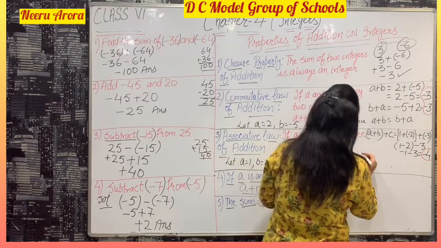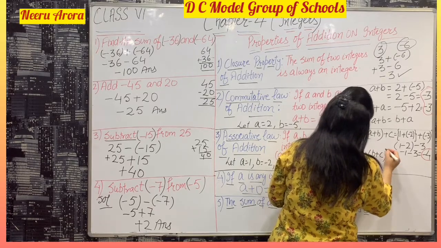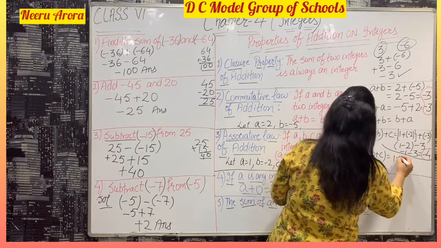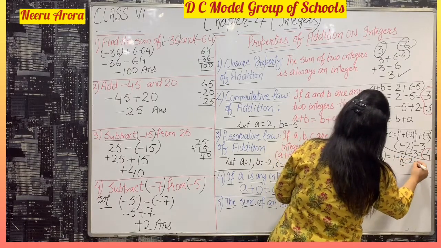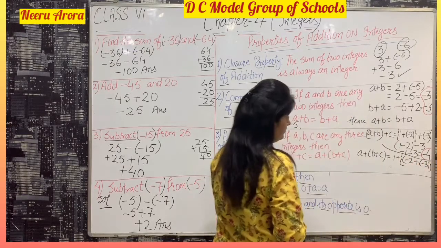So what about the right hand side? We have the right hand side, a plus (b plus c). Here a is 1, b is minus 2, and c is minus 3.